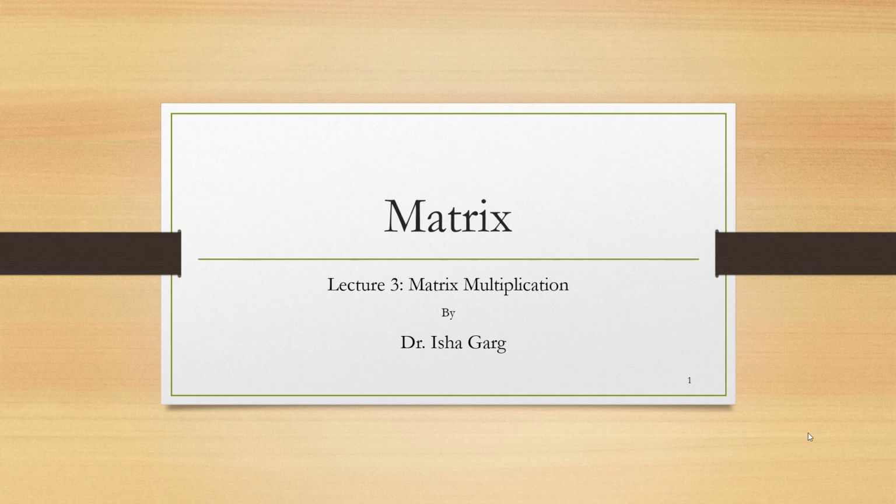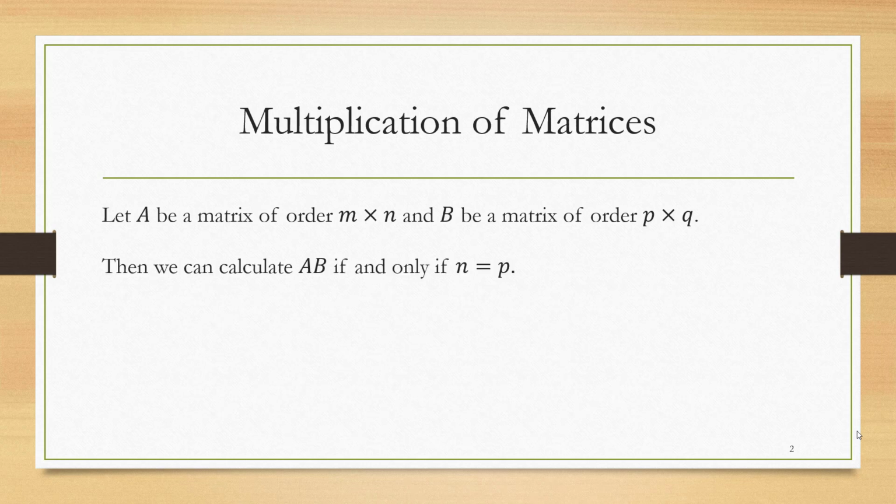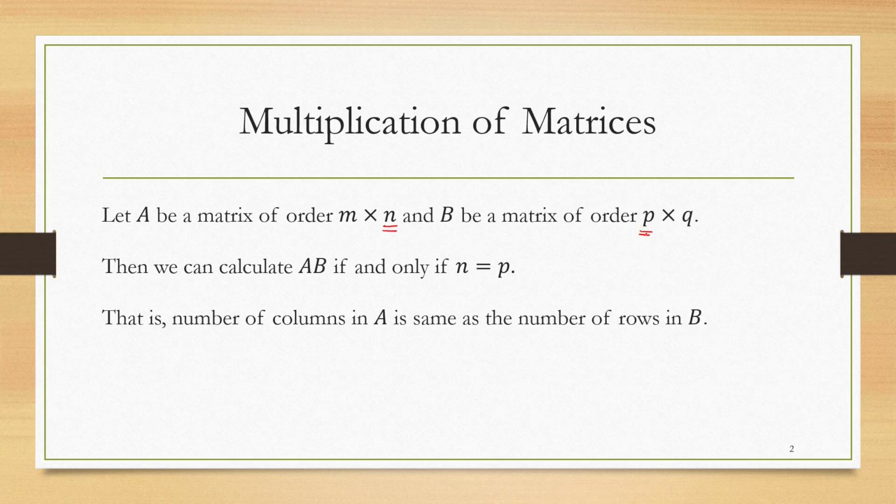So let's start with matrix multiplication. Two matrices A and B generally cannot be multiplied, but there is a rule when we can say that yes, they can be multiplied. First of all, order matters. We are writing A into B or B into A. So, A into B is defined if this N is equal to P. That means if the number of columns in A is the same as the number of rows in B, then AB is defined.